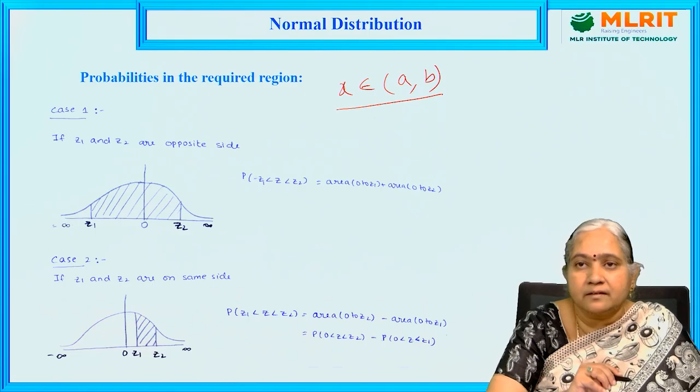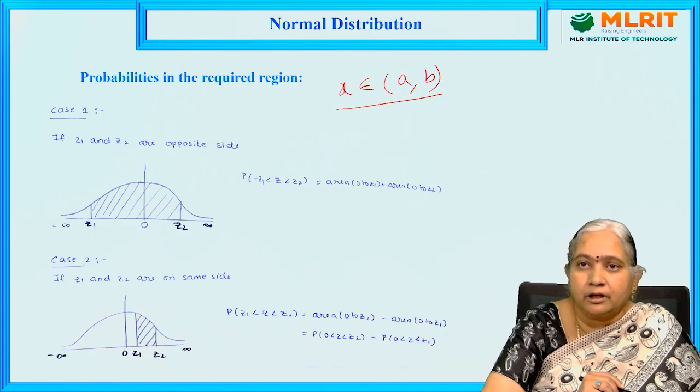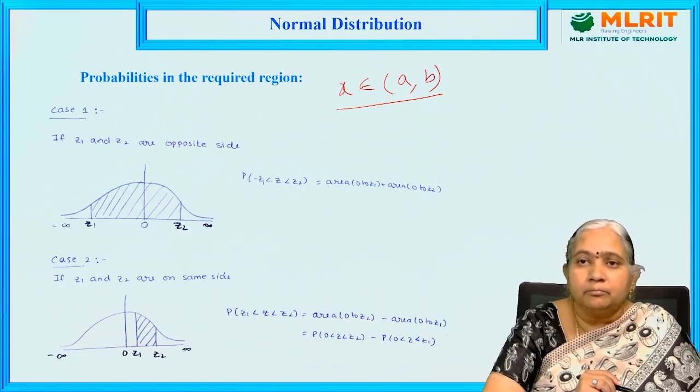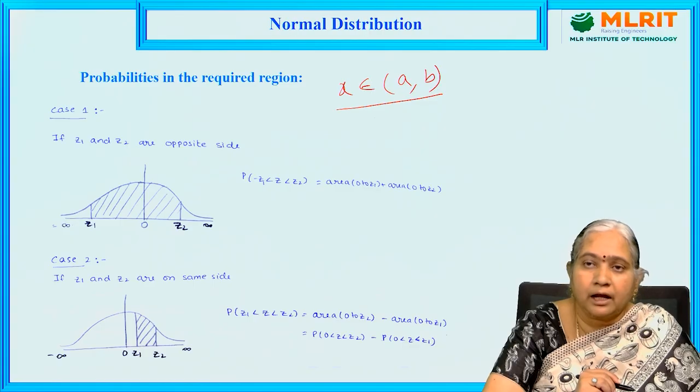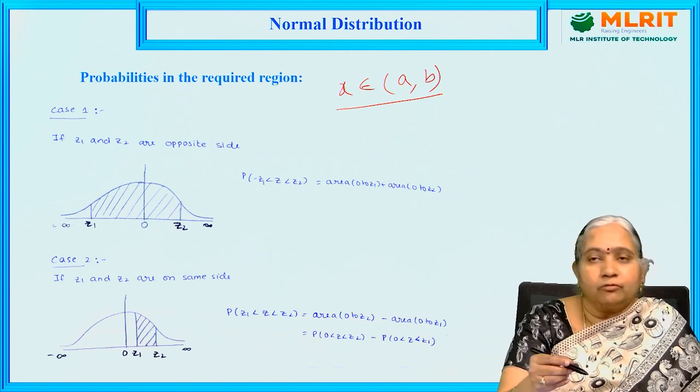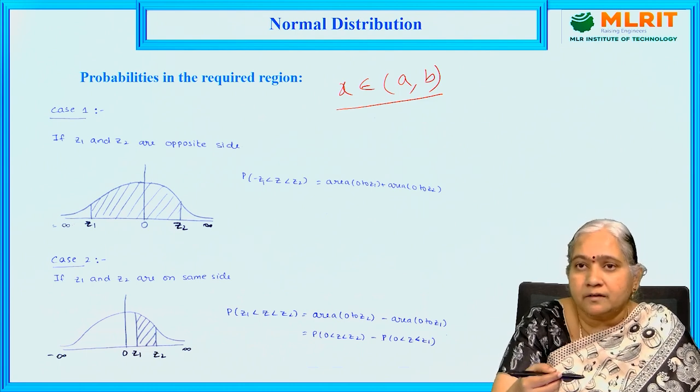Since here x is a continuous random variable and x follows normal distribution with the parameters mean mu and variance sigma square, if we know the mean and variance, we can find the probability of a normal variable at any interval of x. So we see different cases or formulas to find the probability in different regions.